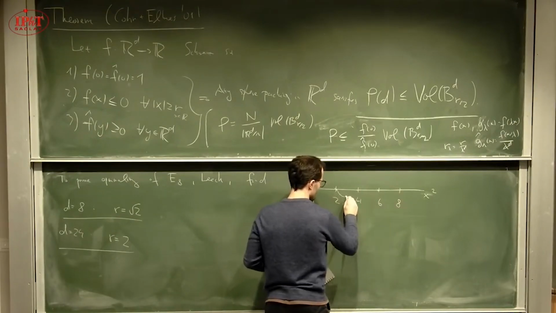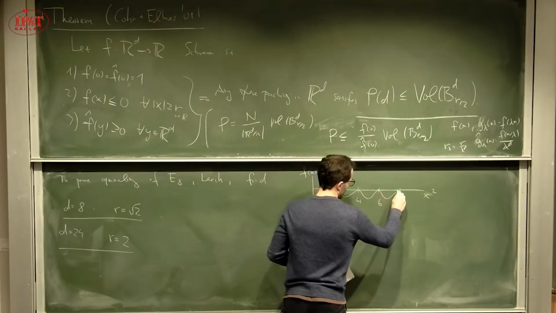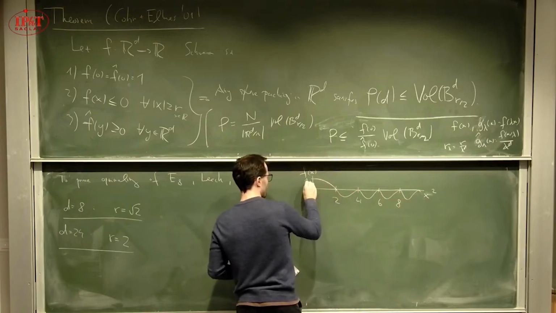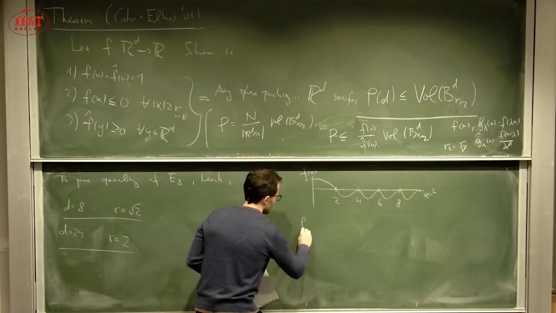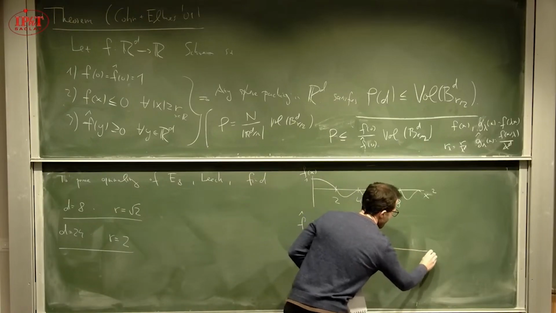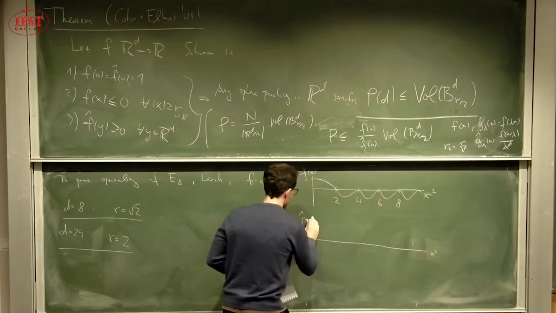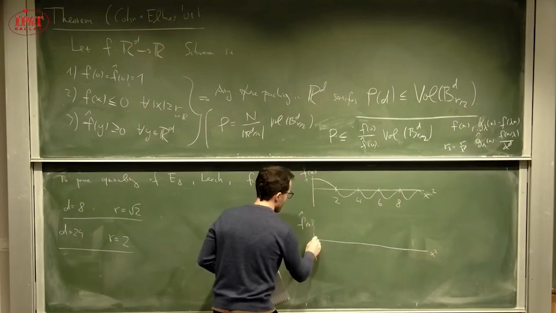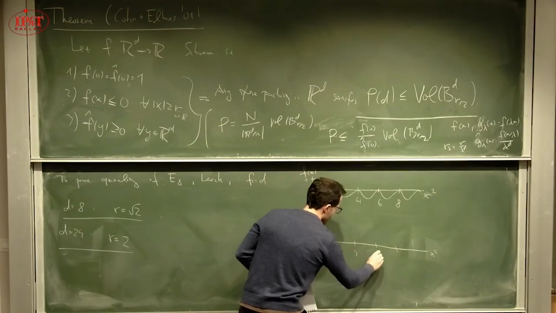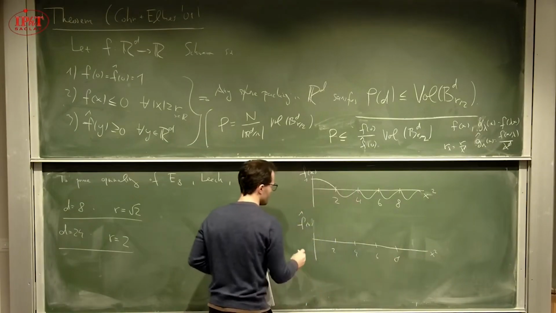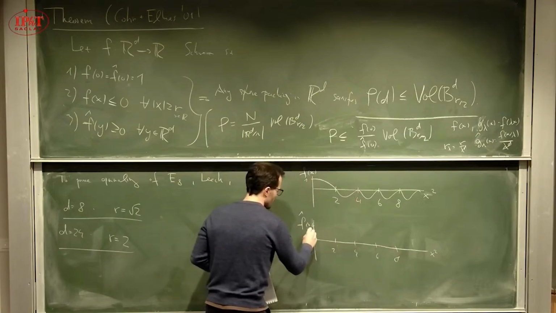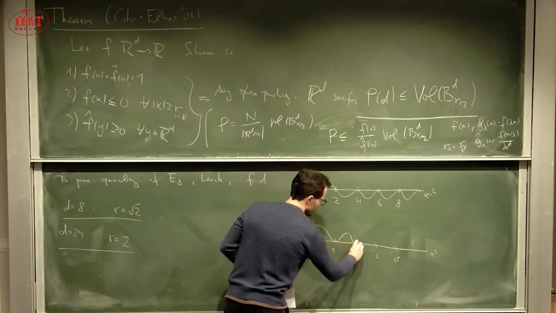So it needs to have double zeros, or even order zeros, at these locations. Then the same for F hat. It's a little simpler: F hat needs to vanish at 2, 4, 6, 8, but it's non-negative everywhere, so it just has double zeros straight away.